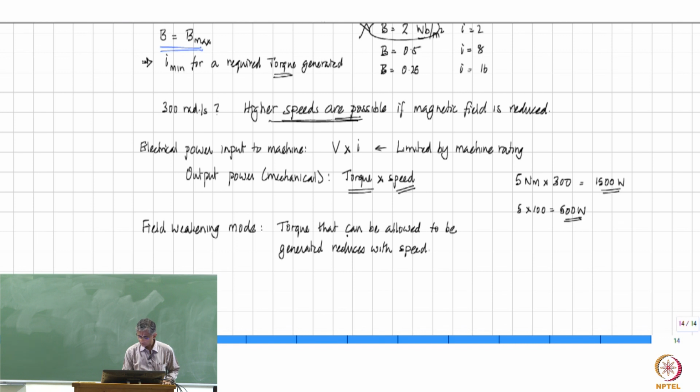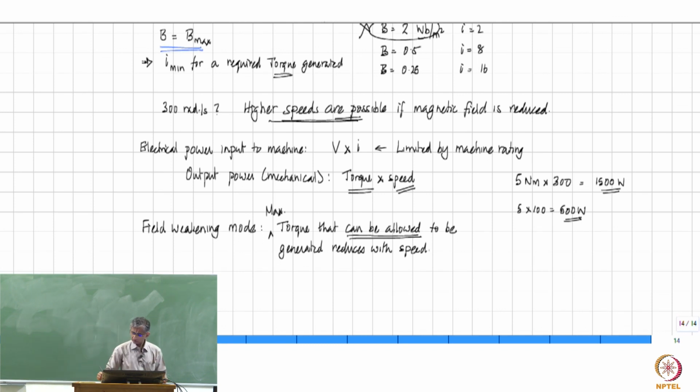Note that it is the maximum torque that can be allowed to be generated that should be decreased as the speed goes on increasing. You can operate the machine with a level of torque that is lower than that maximum torque, that's okay, right? But you cannot go higher than the reduced value of torque.